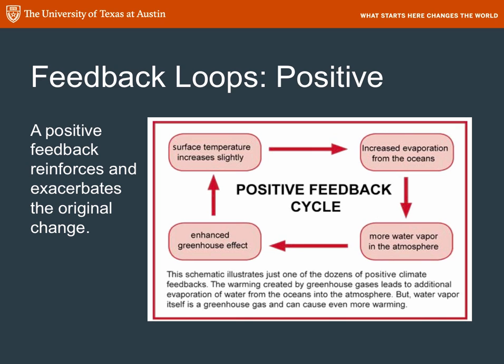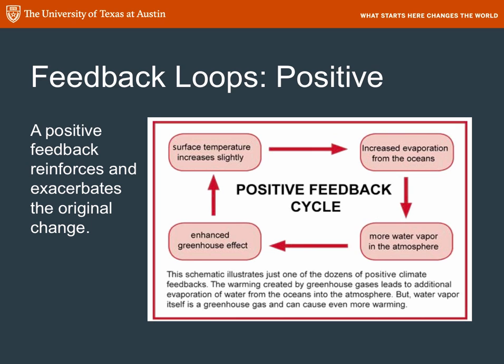So, what causes ice to grow and shrink during these periods? This gets us back again to looking at feedback loops, and let's just reiterate the difference between a positive and a negative feedback loop. A positive feedback loop reinforces and exacerbates the original change. So here's an example of a positive feedback loop involving moisture in the atmosphere.